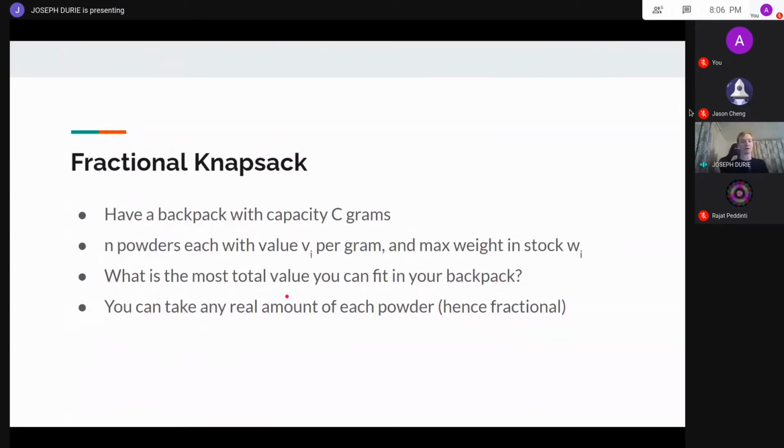You want to fit the most total value into your backpack, where you can take any real amount of any of the powders. So you can break them up into arbitrary fractions, which is why this is called the fractional knapsack.